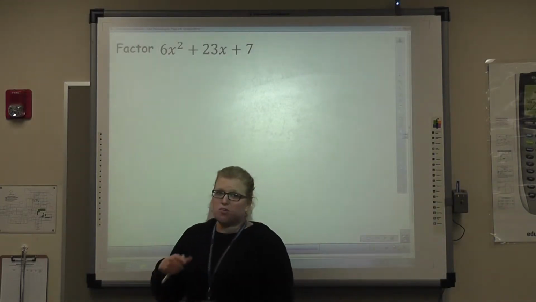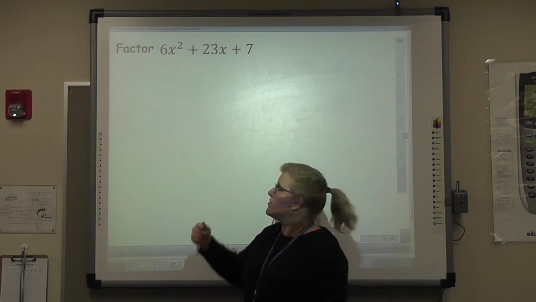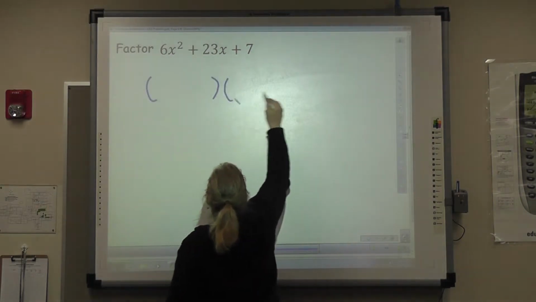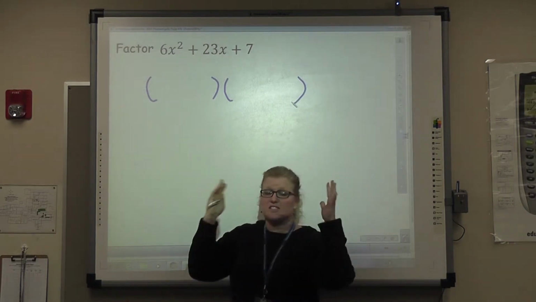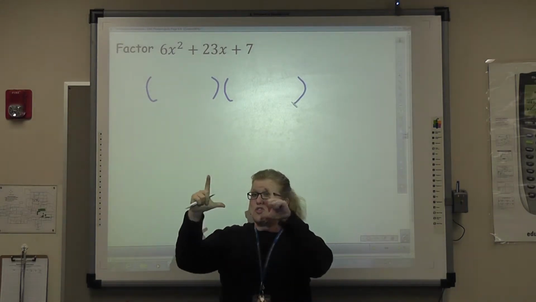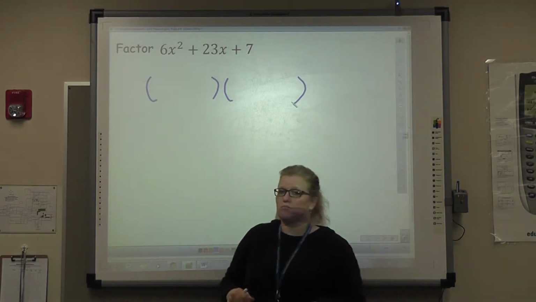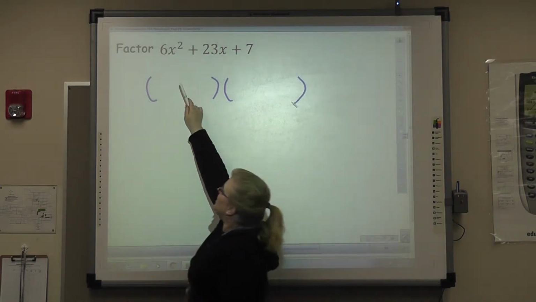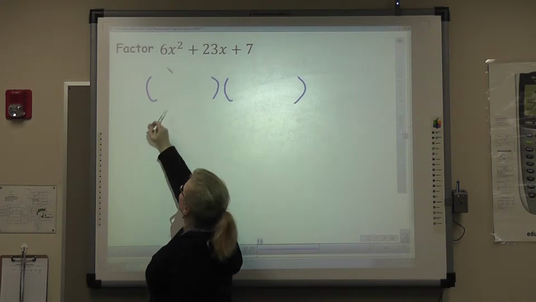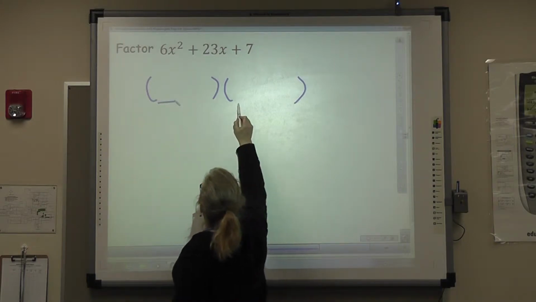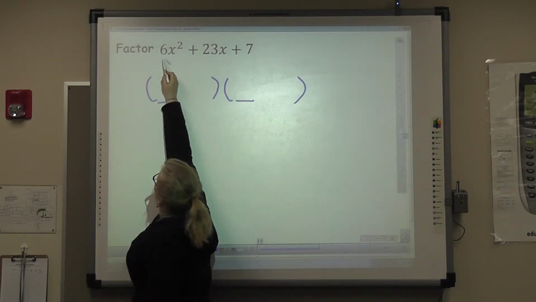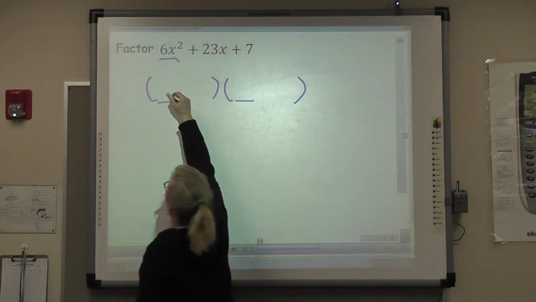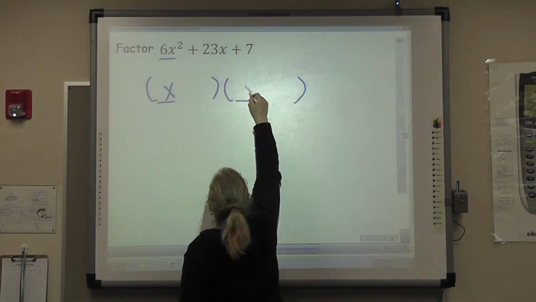All right, so first one. Here we go. I know the numbers look a little big, but let's draw our parentheses. Whenever we're factoring a trinomial, that's the first thing I want you to think of, those two parentheses that we're going to put binomials into. All right, and what can we possibly put in here and here to come up with 6x squared? Well, the x is a given, right? We've got x and we've got x.